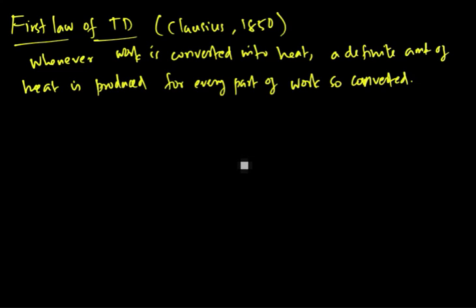It is nothing but the law of conservation of energy. Energy can neither be created nor destroyed, but it can be converted from one form to another. But it can also be stated in this way: whenever work is converted into heat, a definite amount of heat is produced for every part of the work so converted.